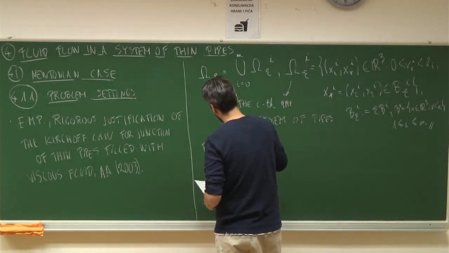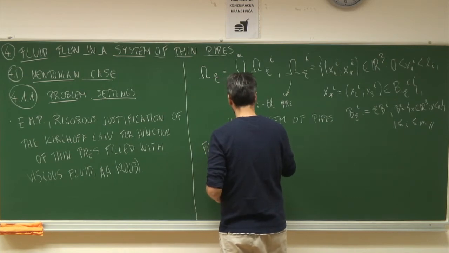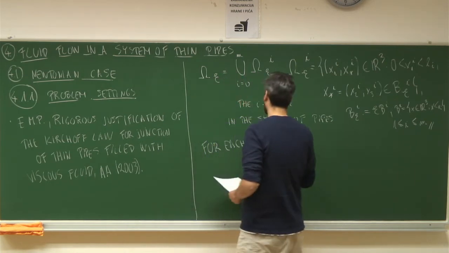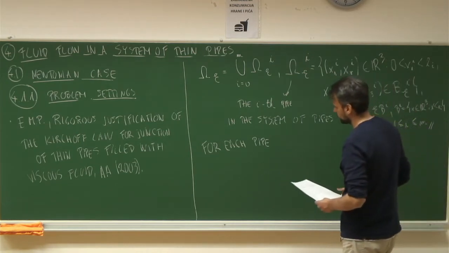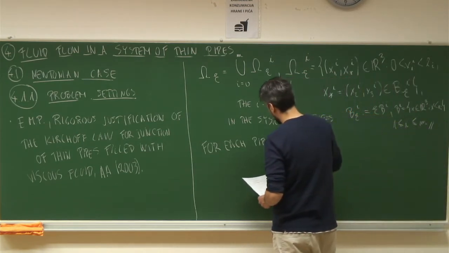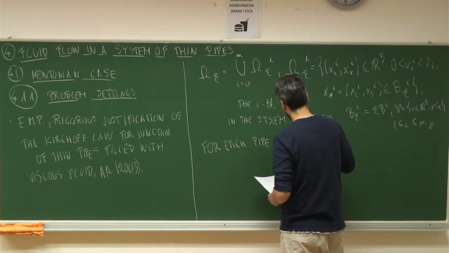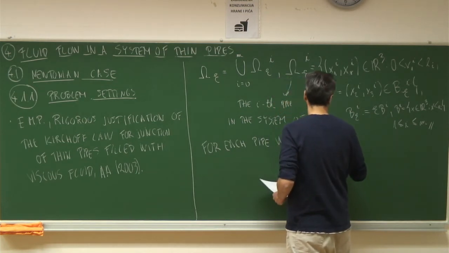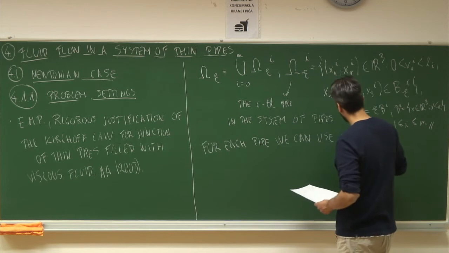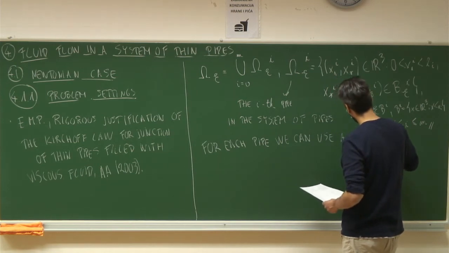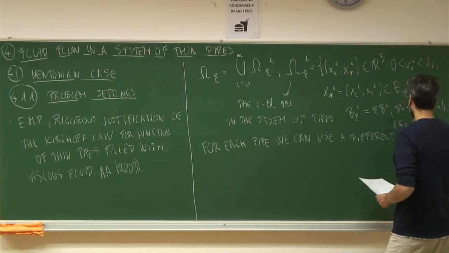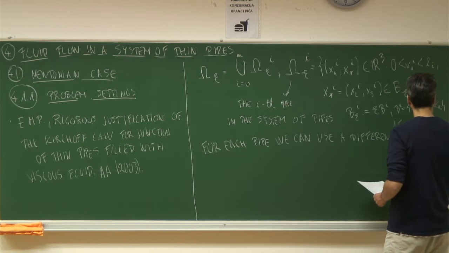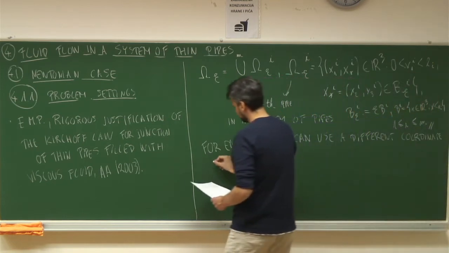So for each pipe, but they all need to be of order epsilon, otherwise your computation won't work. So for each pipe, we can use a different coordinate system.